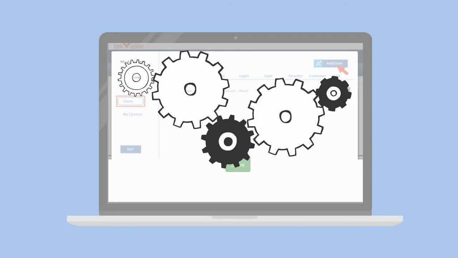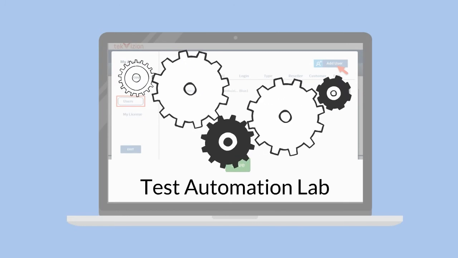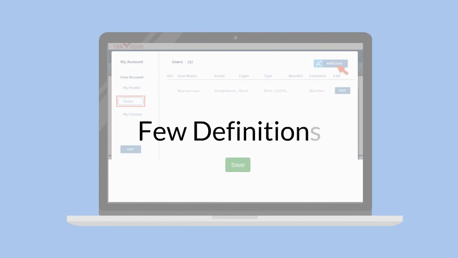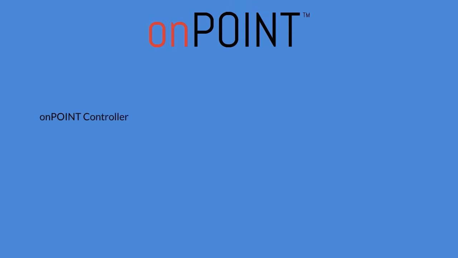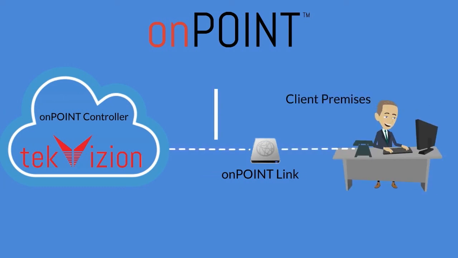Next, we will learn how to configure our test automation lab. But first, let's go through a few definitions. The onPOINT solution includes an onPOINT controller located at the tekVizion cloud. It also includes the onPOINT Link, a small footprint proxy application that resides next to the phones on your premises.